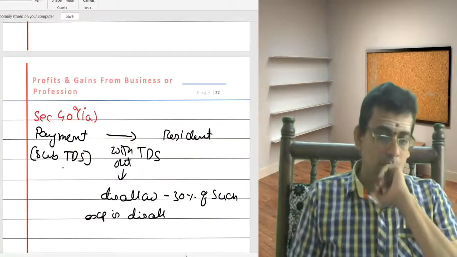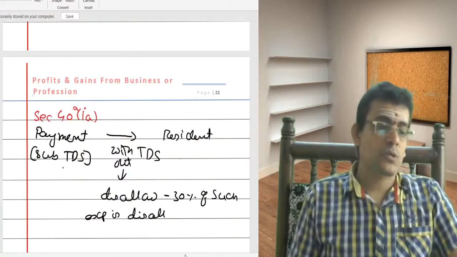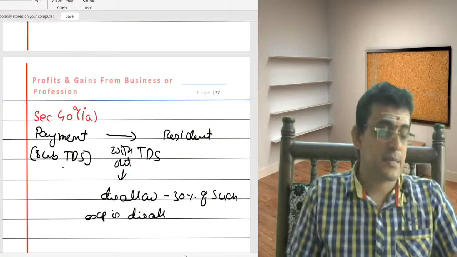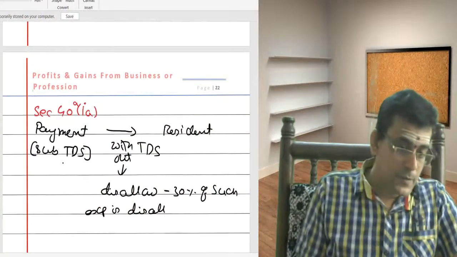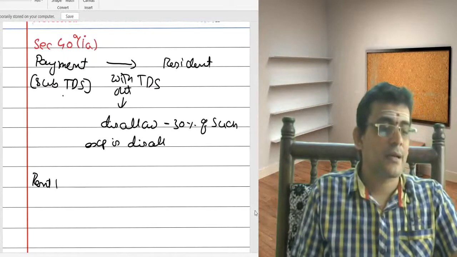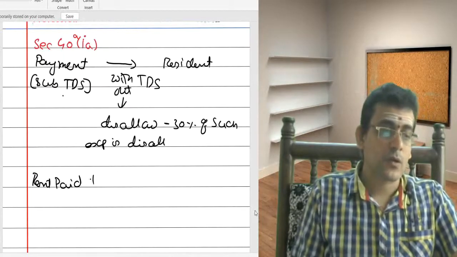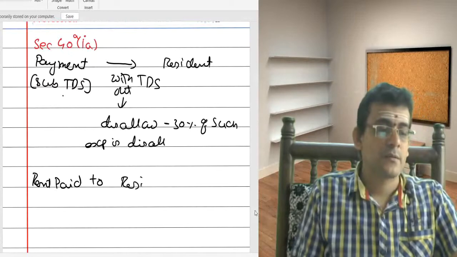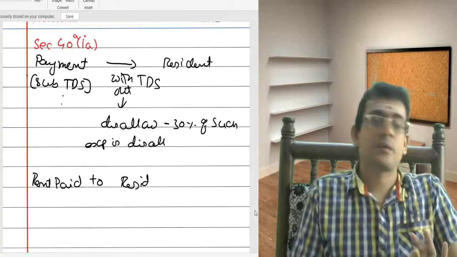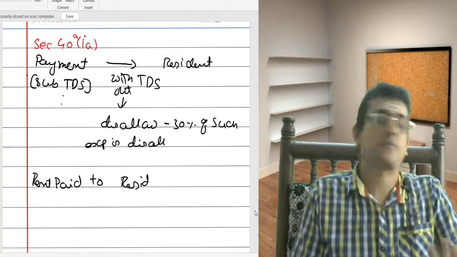Okay. So now let me continue here. Say suppose here what happened, let me take an example. You had made a payment, rent paid to a resident. So ultimately, any payment subject to TDS paid to a resident, as we have discussed, 40A subsection 1A is applicable.